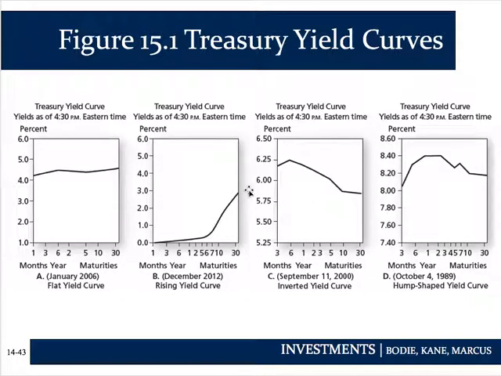This one is 0 to 3%, which is quite a dramatic change. This is 6.25% down to less than 6%, so about a 0.5% change. And this one is also about a 0.5% change. A normal yield curve will have 2 to 3% in it. This is barely 0.4 point, so it's almost flat.